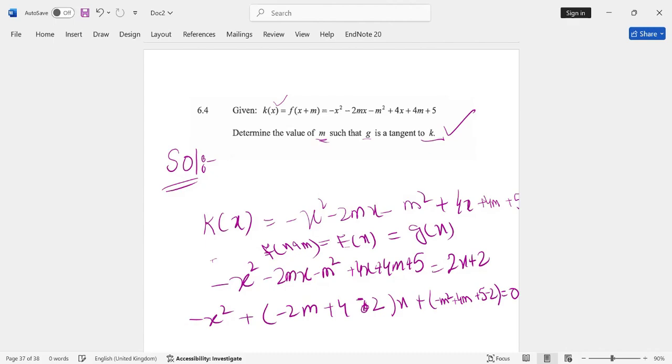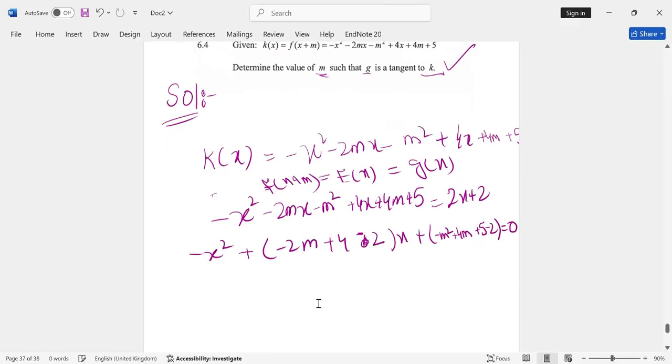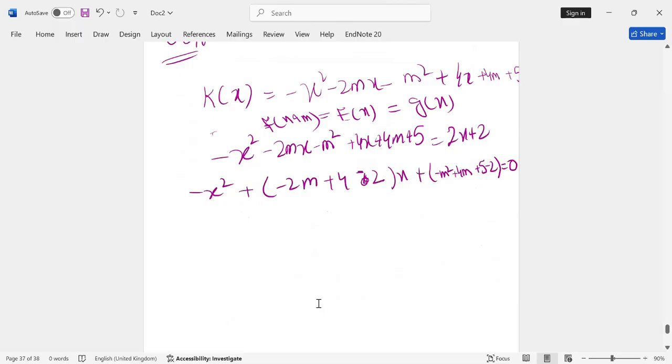I will rearrange the equation into the quadratic or standard form, ax squared plus bx plus c. So we multiply the whole equation by minus 1.